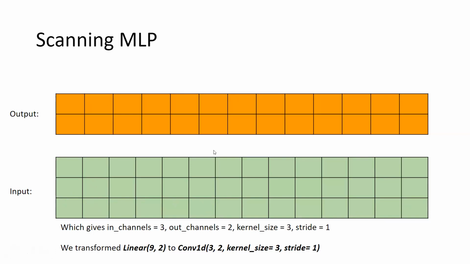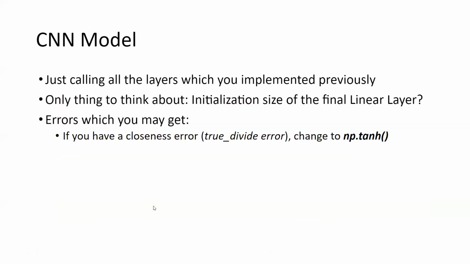So it is important to understand how you can think of the scanning as a scanning MLP and then construct the convolutional network that does the exact same thing. Once you have all of this, you build the CNN model. We just call the layers that you have implemented previously. The only thing we have to think about is the final linear layer.